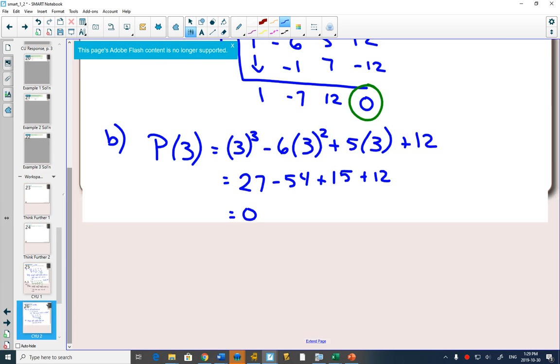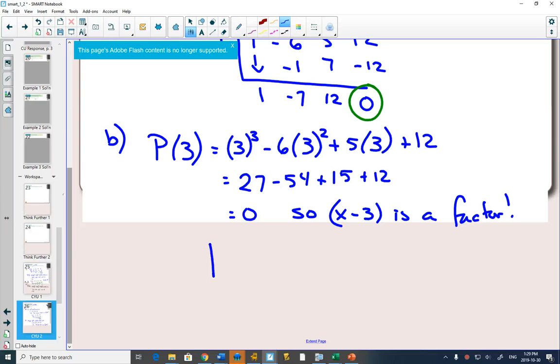And it's equal to 0 again. We just found another factor. x minus 3 is a factor as well.